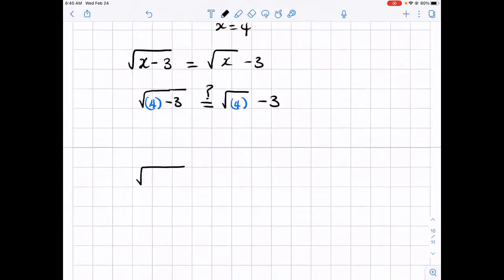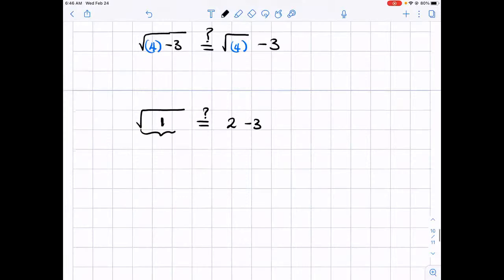So if we simplify, 4 minus 3 is 1. Is that going to be equal to the square root of 4, which is 2? The square root of 1, when you simplify this, you get 1. And 2 minus 3 is -1. So this is false. Okay? This is not true.